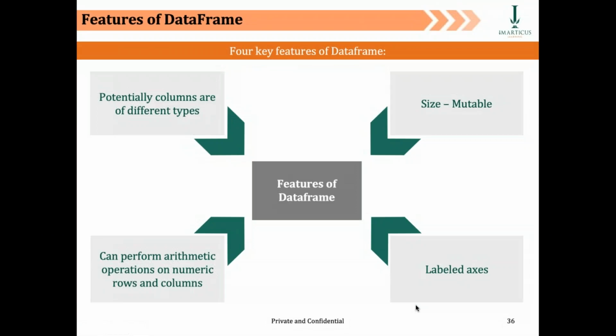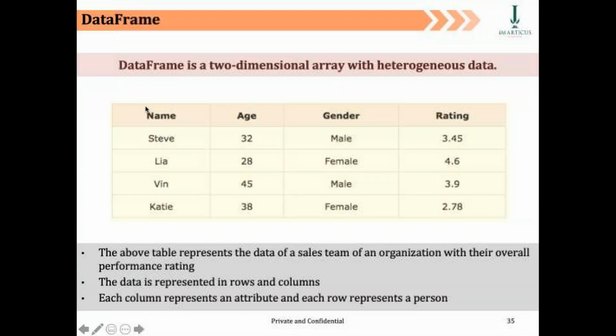So now let us try to understand the various features of the data frame. There are 4 key features of a data frame. First, potentially columns are of different types. We have seen that, as Mahinder was also mentioning. So we have string, then integer, then we have string or bool, and then we have float.